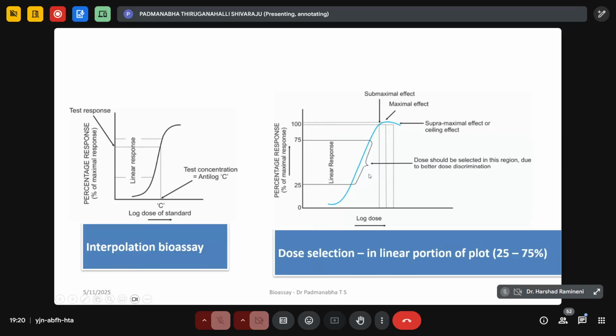Otherwise, what will happen? At higher doses, toxicity will occur and there is a ceiling effect. At lower doses, the tissue will not be very sensitive to respond well. So doses between 25 to 75% will be ideal to differentiate between the doses or concentrations.